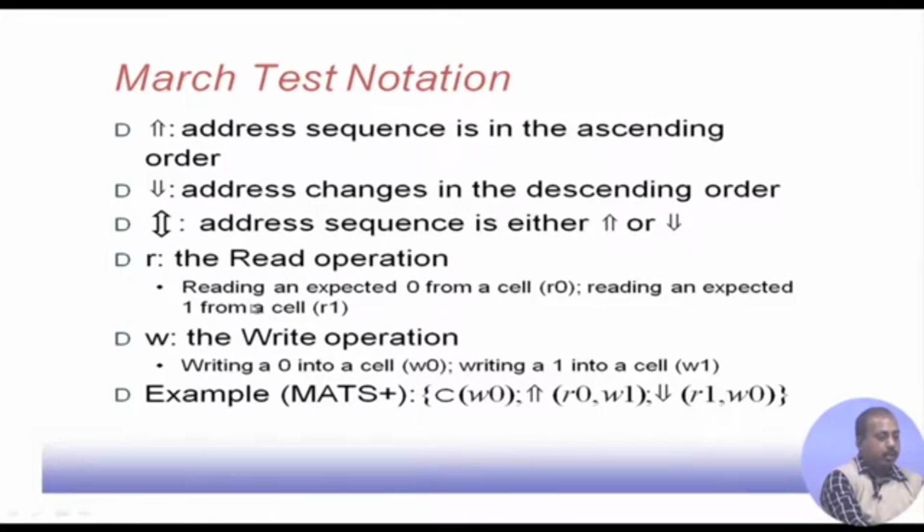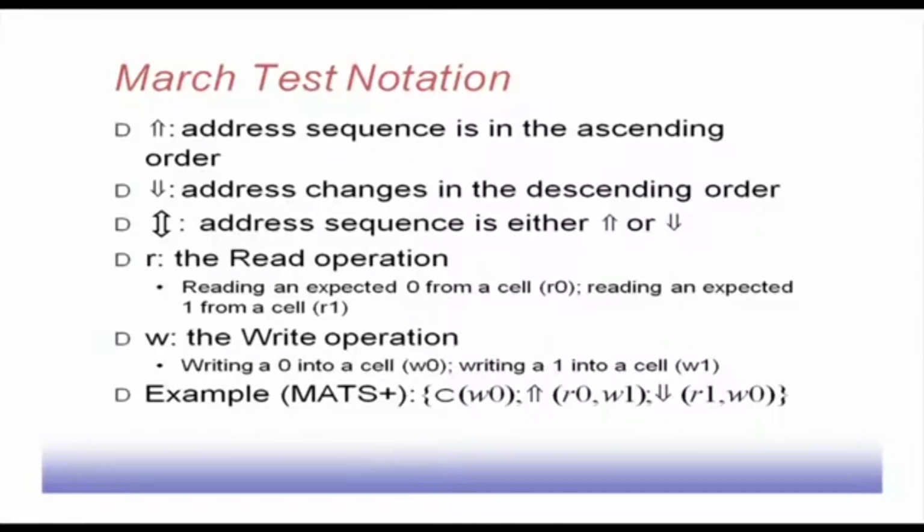Then as far as the operations are concerned, there are two operations, R and W, the read operation and the write operation. When you are trying to read some value, you have some expectation. Maybe previously I have written a 0 there, so I would expect to read a 0 if the cell content is remaining intact. So, for the read operation, we say that we want to do a read, and what expected value we would like to have from the cell.